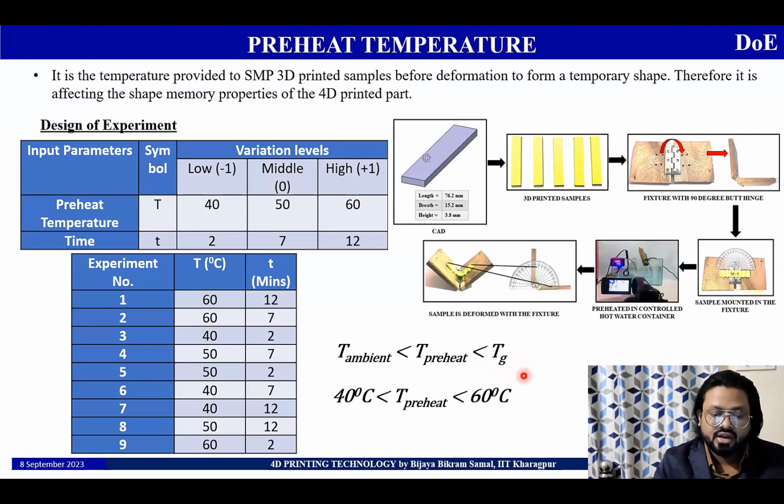We don't want to induce recovery before the recovery cycle; we just want to make the polymer flexible enough so that it can bend easily. So for that we are using the temperature range from 40 to 60. We are also varying time, from 2 to 12. So here is the design matrix based on the optimal design.